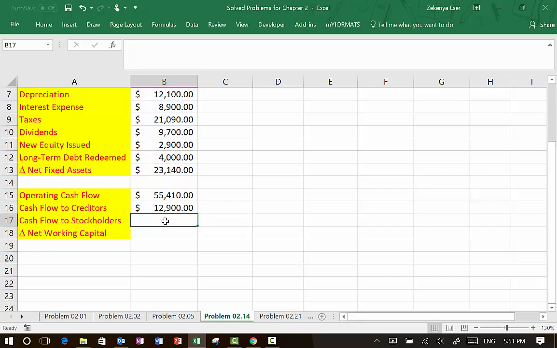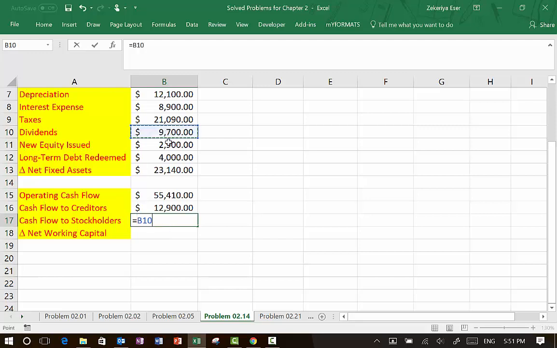Creditors got on net 12,900: 8,900 as interest expense, and 4,000 where we redeemed the existing debt.